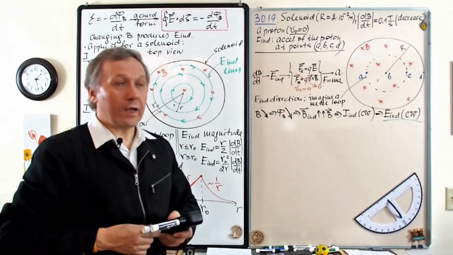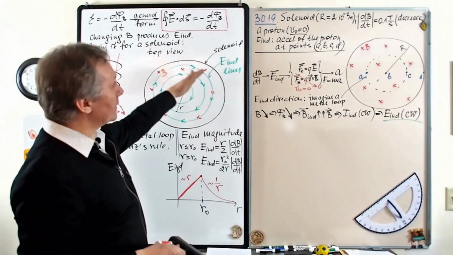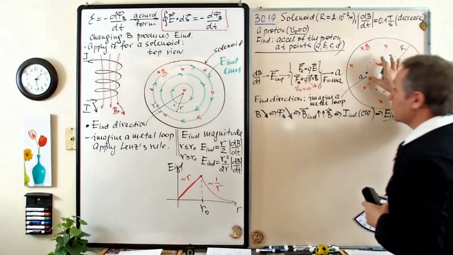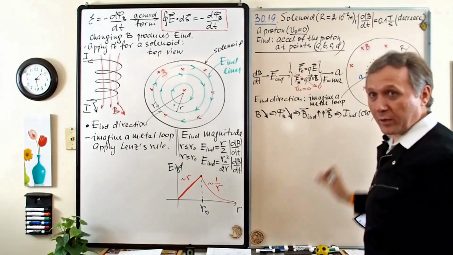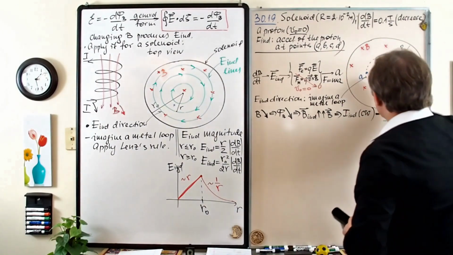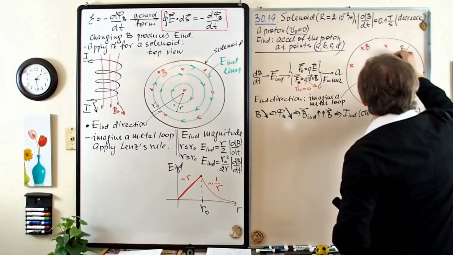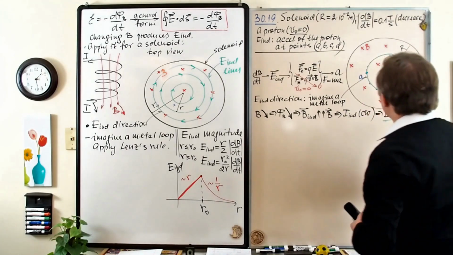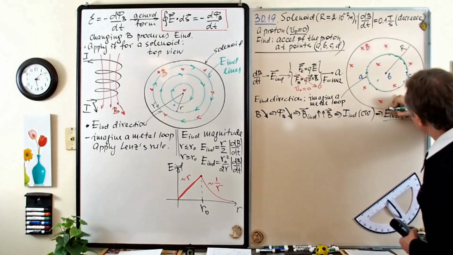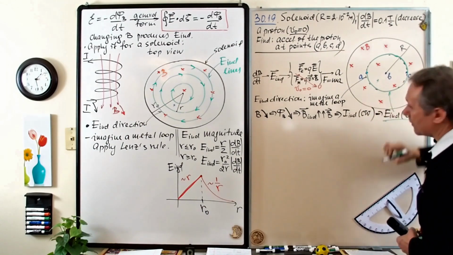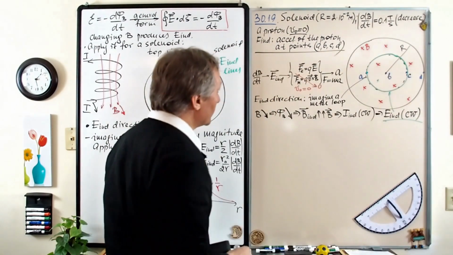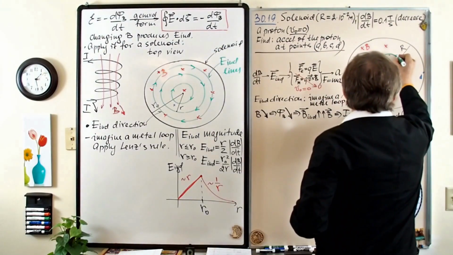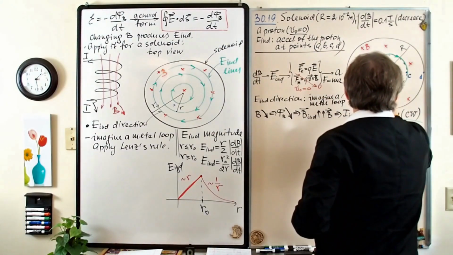And so now I can draw, and of course electric field lines are circles, right? So on top of these dashed lines, I'm going to draw the electric field line. So that's my electric field line. The direction is clockwise. So it means this way, this way, this way, that way.